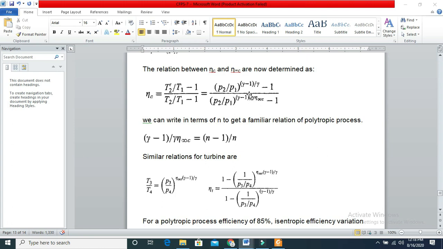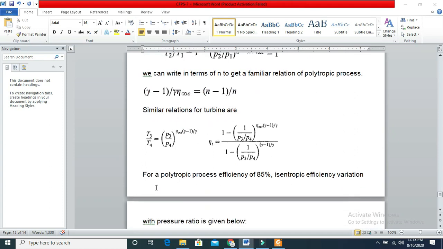So this relation is for the compressor. A similar relation can be written for the turbine. So this is the ideal term, and this is the actual term which is written in terms of polytropic efficiency.